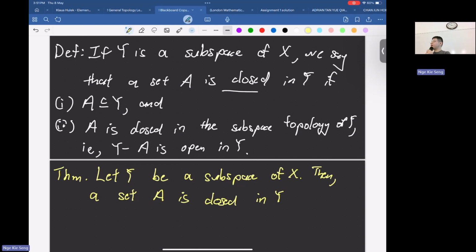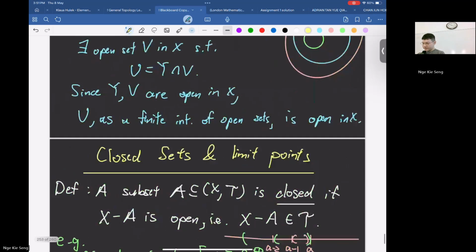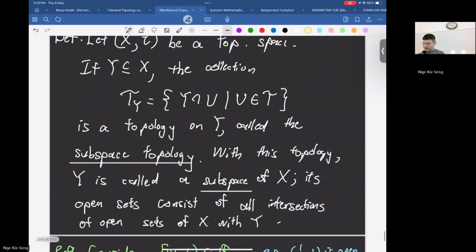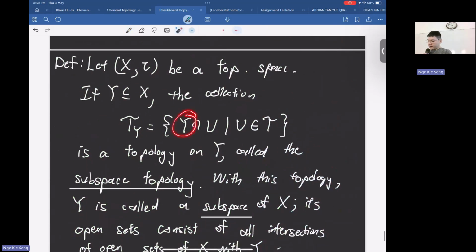As long as your set can be written as an intersection of the subspace with an open set in the original space. You want to write all your open sets in your subspace as an intersection of the subspace with an open set in the original space.